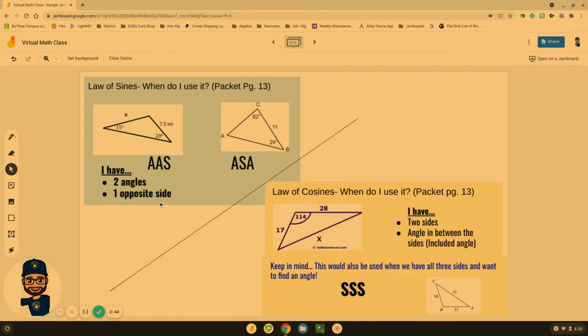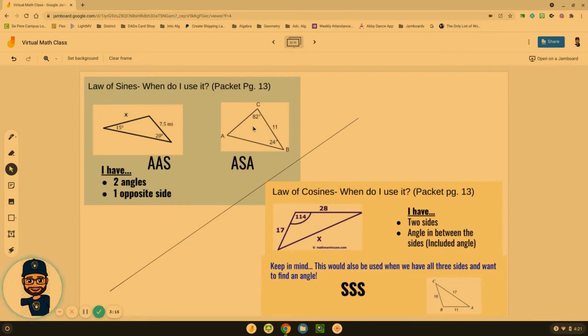Notice, if we focus on the law of cosines, we have two sides here and the angle in between them. That's when we use cosines. If we have one side and two angles, we're probably going to be using the law of sines. And what we get is an angle and its opposite side, an angle and its opposite side that we are looking for.